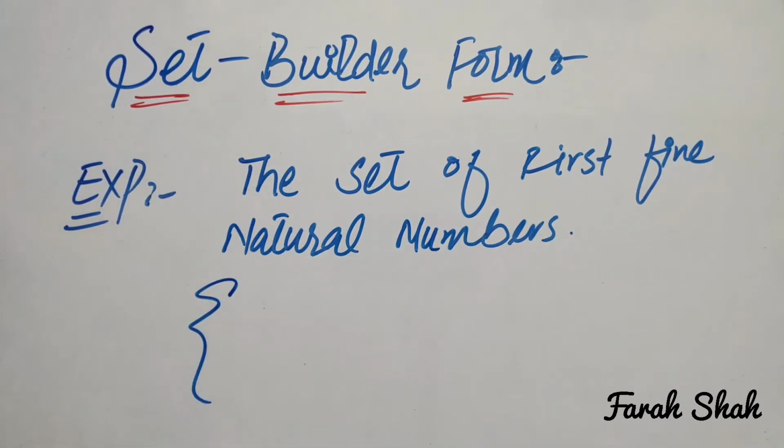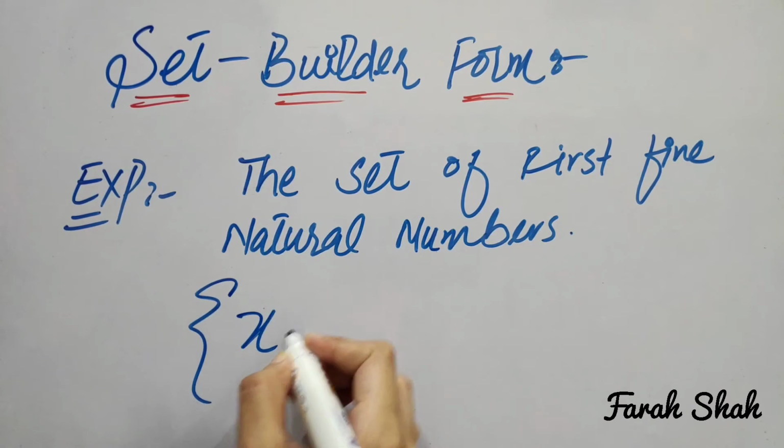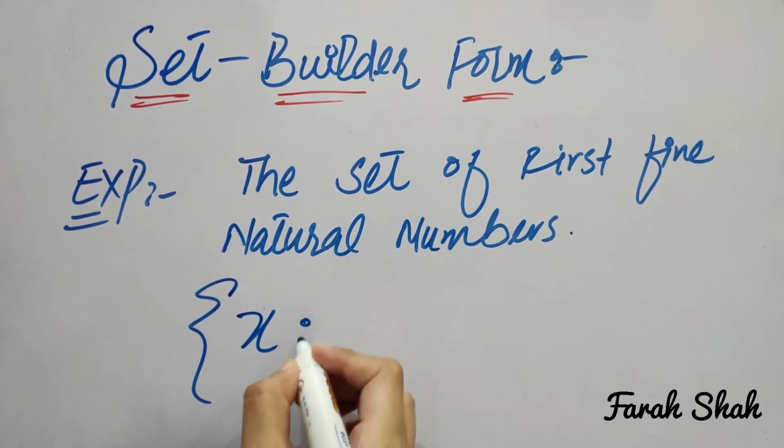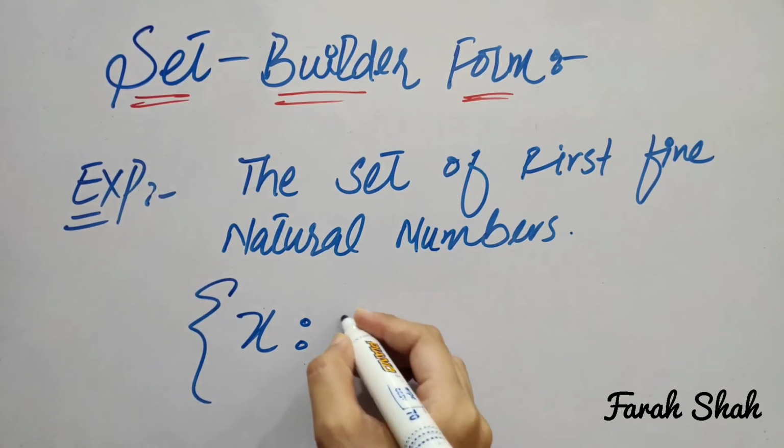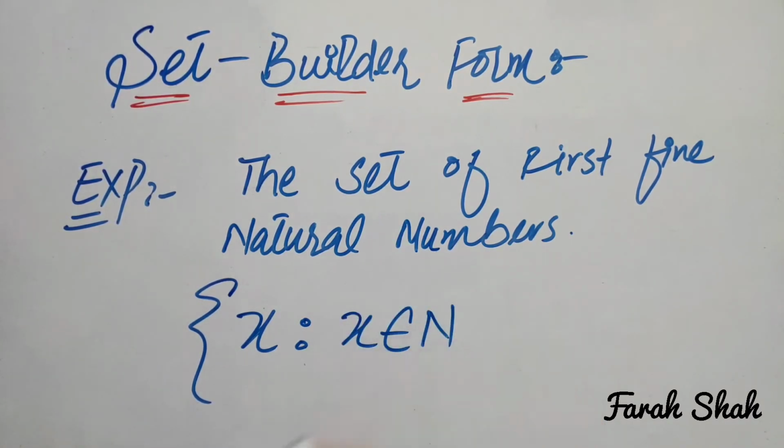Now we will use x for all of the elements of this set. We will write x and then we will use colon, which means such that x belongs to N. We will write the property of the elements.